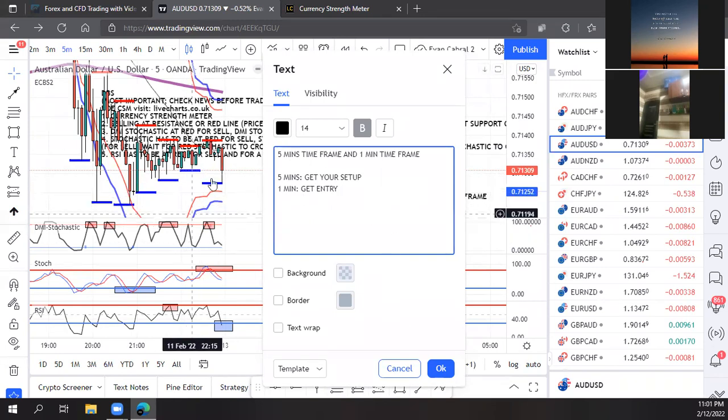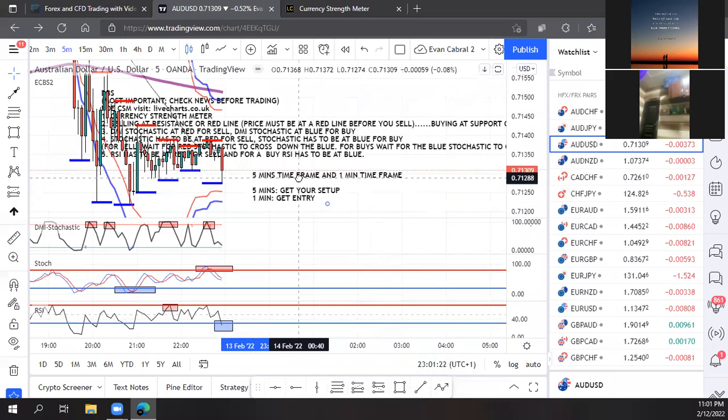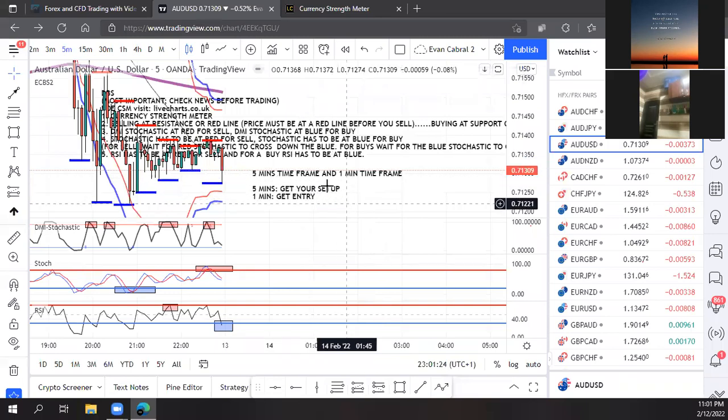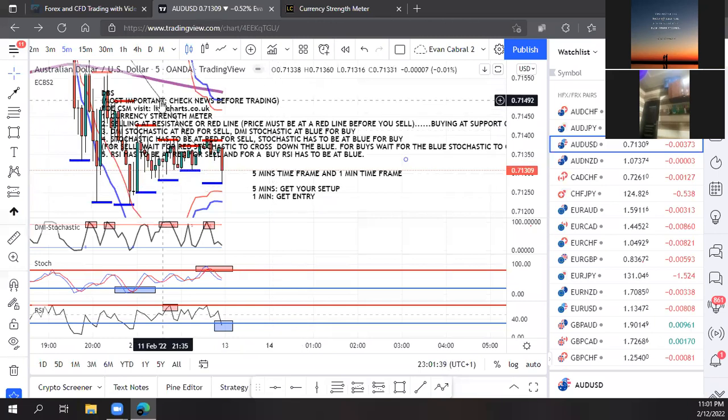To look for the setup. And we're using the 1 minute to get your entry. That's basically what we're doing. 5 minutes to get your setup, 1 minute to get your entry.